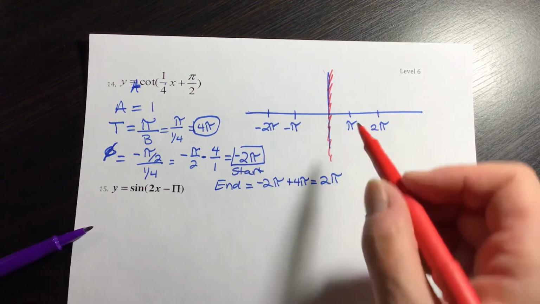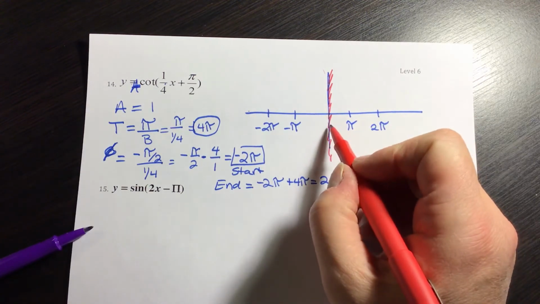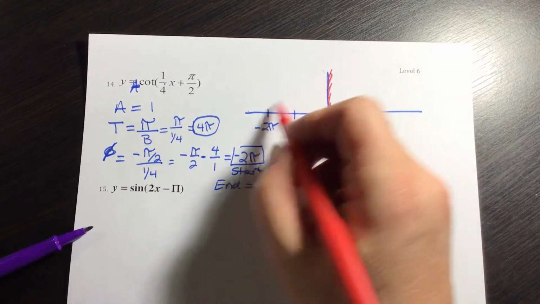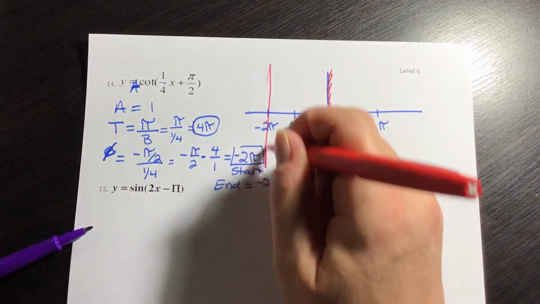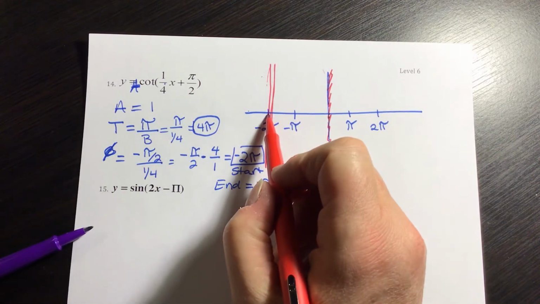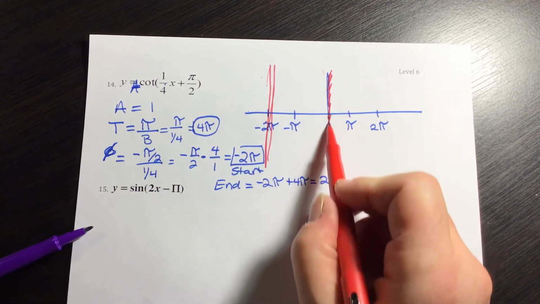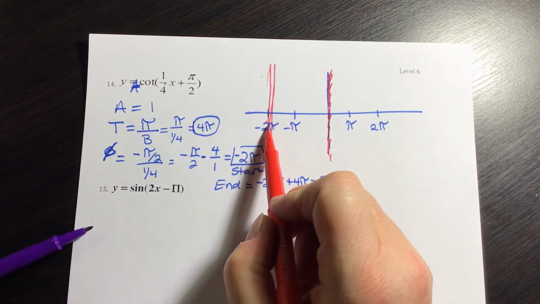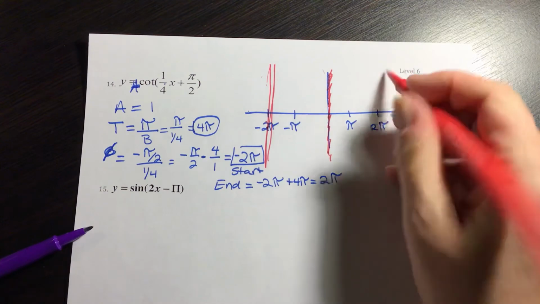Oh no, I did that wrong actually, because I'm shifting my asymptote over to 2 pi. So really, I forgot to move this over this way. So I don't have an asymptote here, but I have an asymptote at negative 2 pi and positive 2 pi.